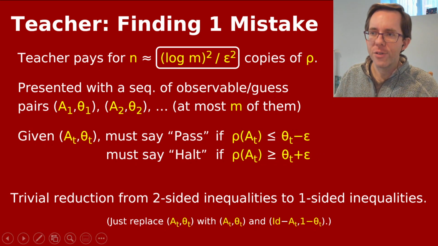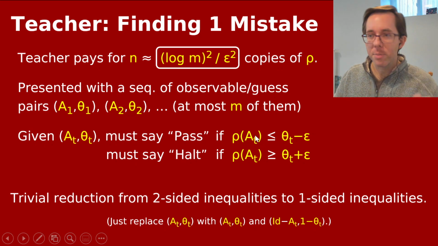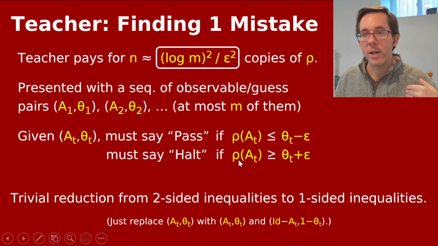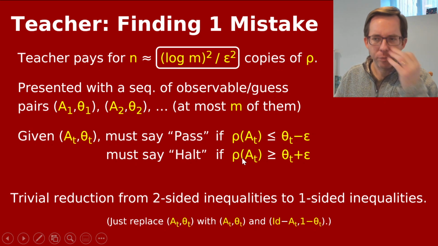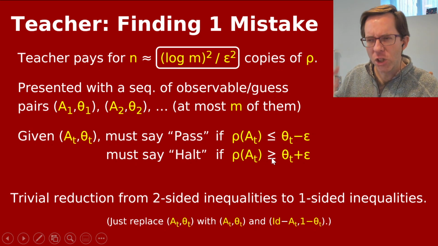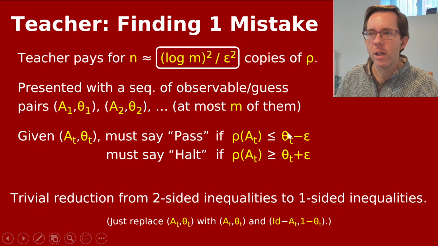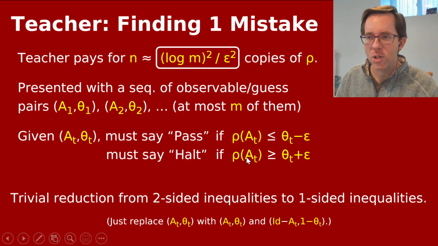There's now a threshold, theta t, and the teacher should say pass if the expectation value is more than epsilon below this threshold, and the teacher should say halt if the expectation value is more than epsilon above this threshold. Okay, so the expectation is that theta t will always be an upper bound on the true expectation value, and you have to catch the student in a lie if that's not the case.